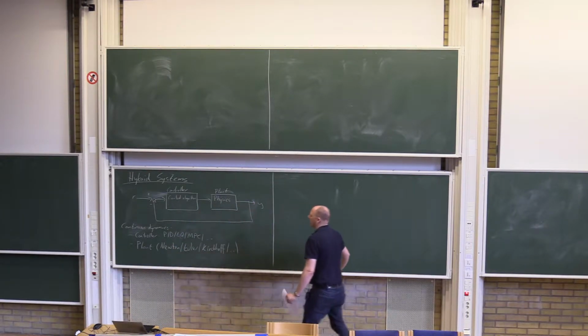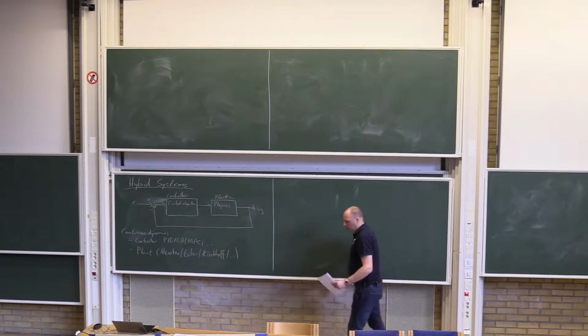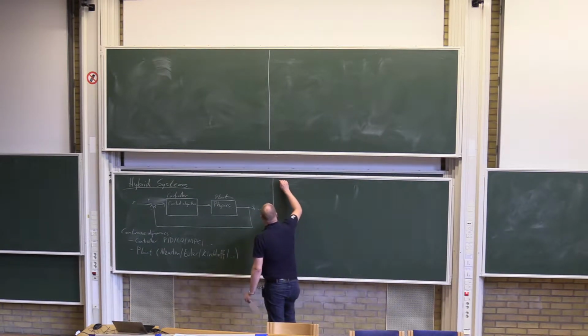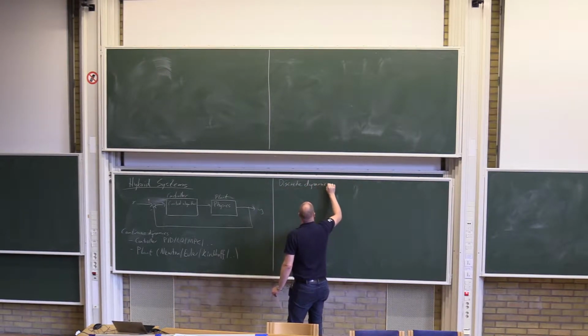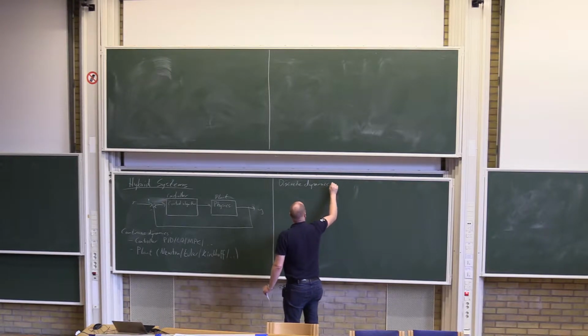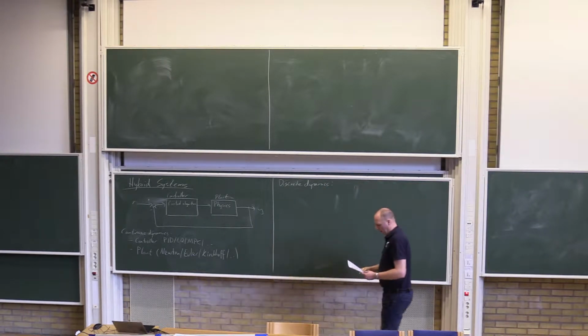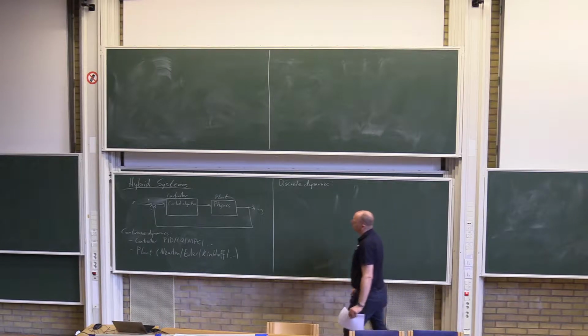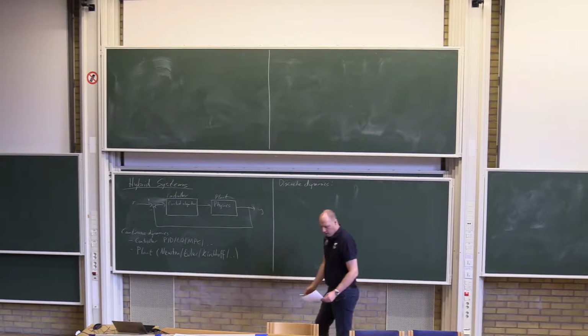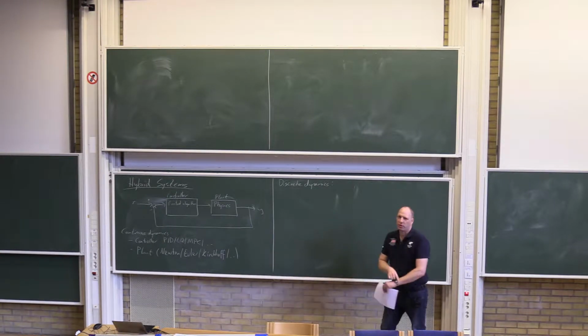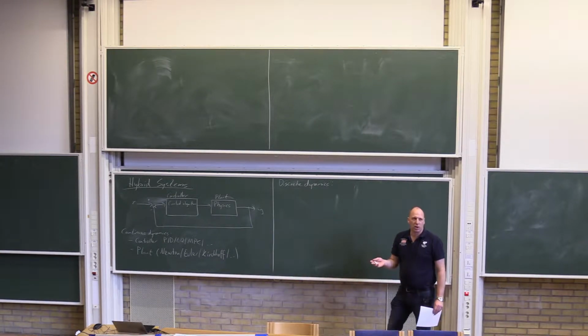And where do we have the discrete dynamics, the state machines? Okay, so when we start to think about it, we have it in the controller. So we can have, for example, different modes in the controller.